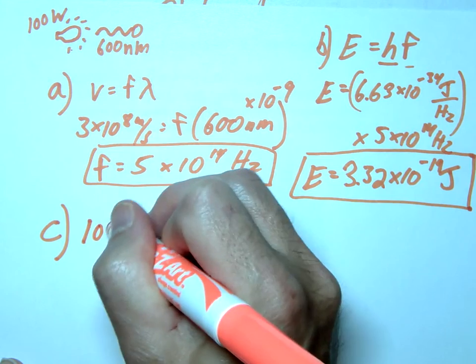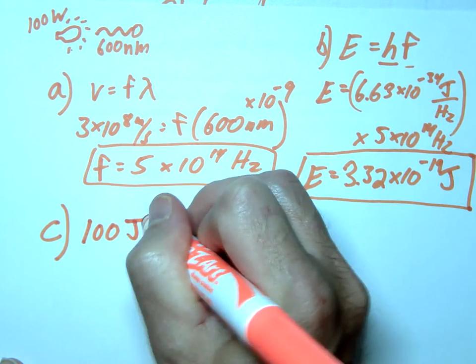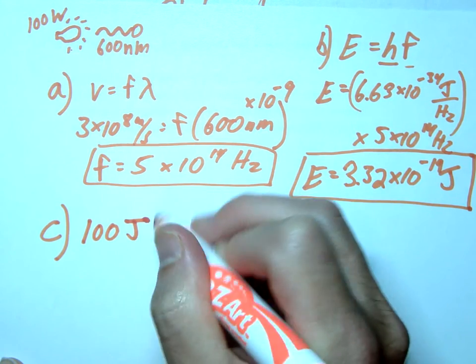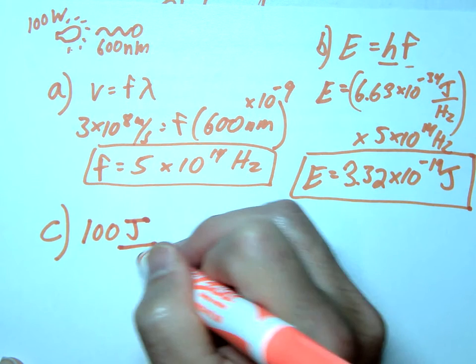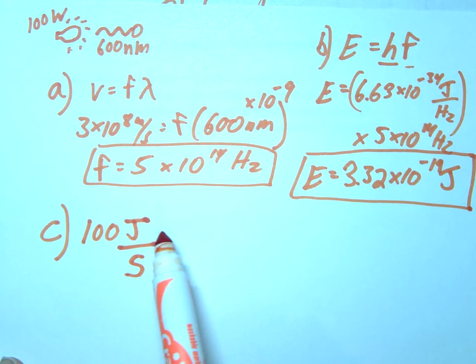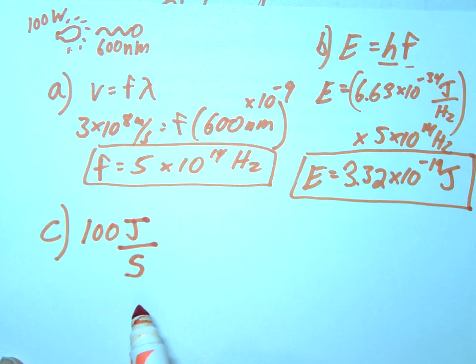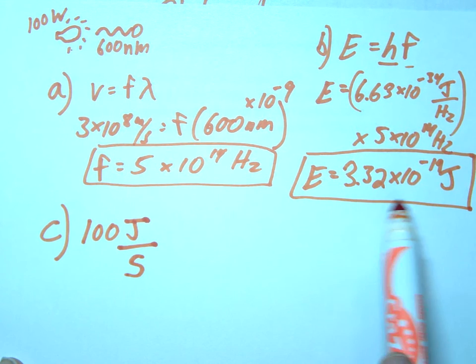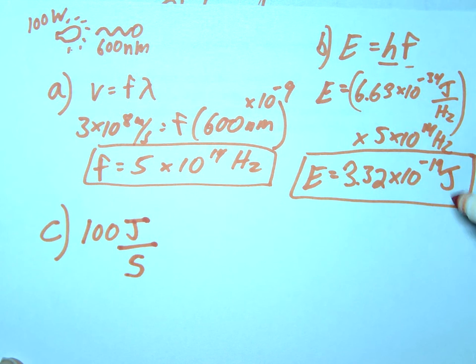We'll look at non-efficient items in the future, but we'll say that this is 100 watts, and remember the unit for watts is a joule per second. So it's giving off 100 joules of energy every second. Well, this is 3.3 times 10 to the negative 19. We could write this as joules per photon. So each photon's giving off this amount, right?